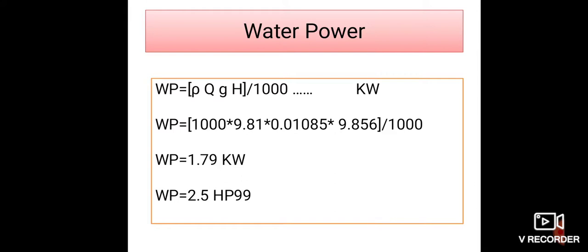We get 1.79 kilowatt as the output power.